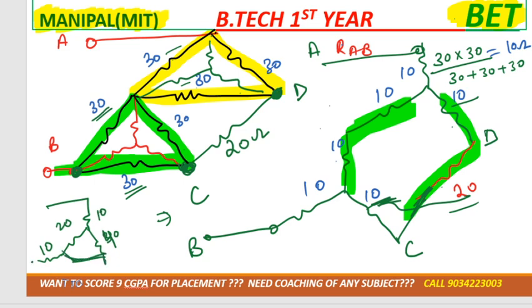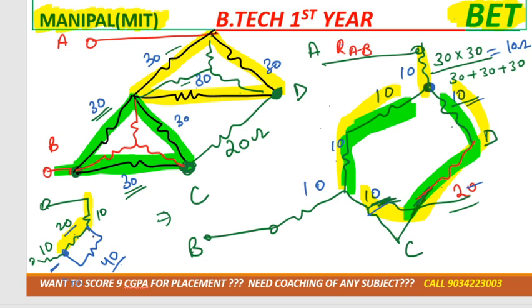See, this is what it will become. Is it coming out for you? Again it is becoming delta. This 10, 20 and 10 will become 40, and it connects to this point and that point. Now you can see this 20 and 40 are in parallel. Solving it will give a single resistance.